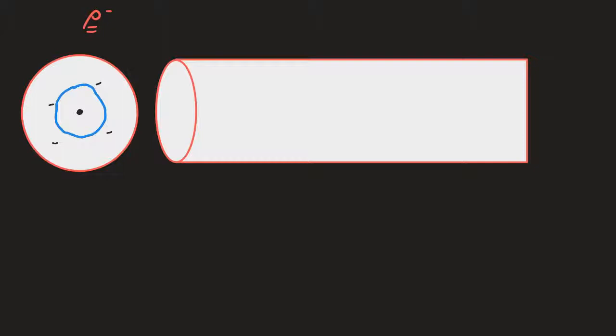If I put this little volume, say right here, and that's my Gaussian surface, everything inside here will be the charge that is enclosed. And that will tell me the size of the electric flux.